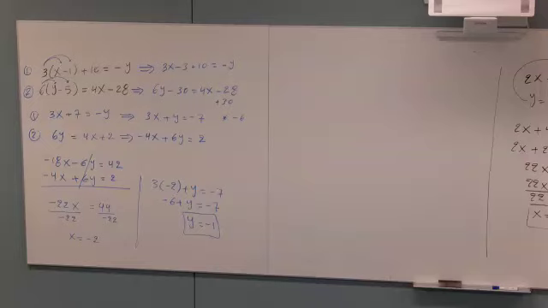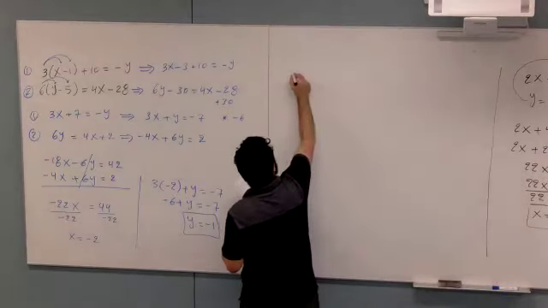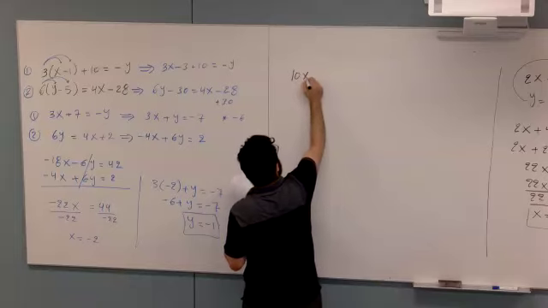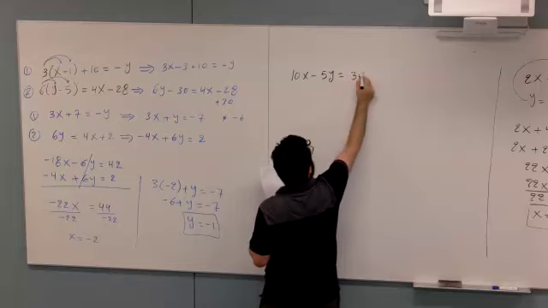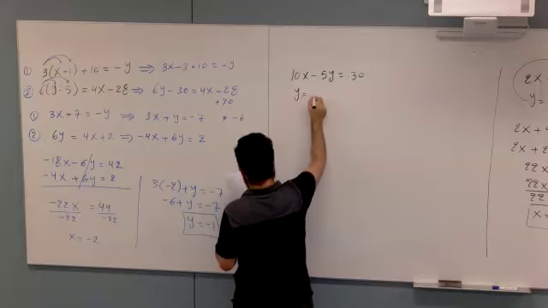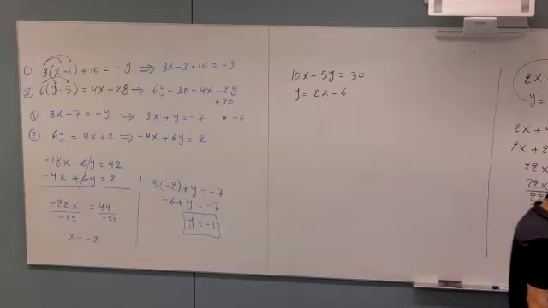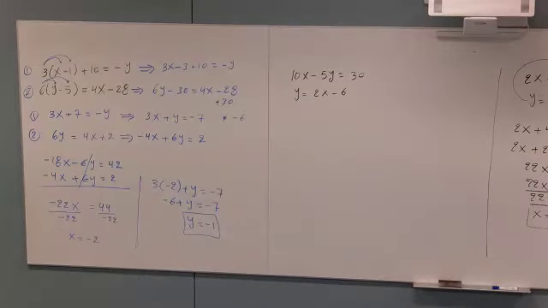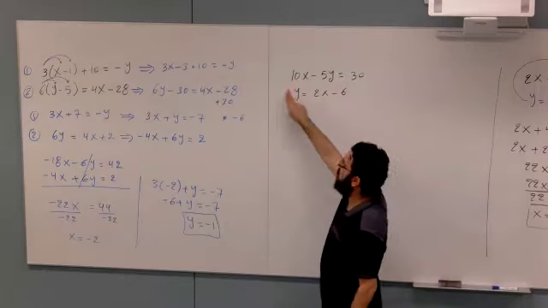What about number 8? It's 10x minus 5y equal 30. Next one is y equal 2x minus 6. How are we gonna solve this one? You wanna use elimination, you have to move the x to this side.